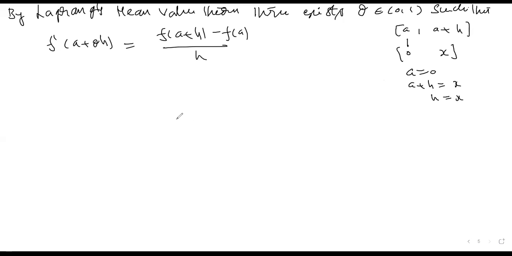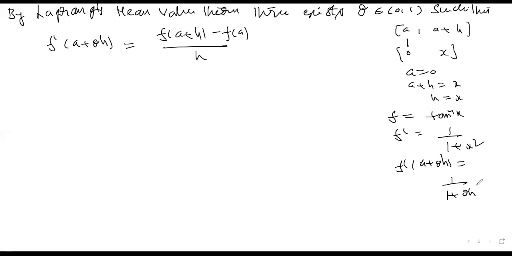Therefore, f dash. What is f? Already you know, f means tan inverse of x. Therefore, f dash equals 1 by 1 plus x square. So f dash of a plus theta h means 1 by 1 plus, a plus theta h whole square.